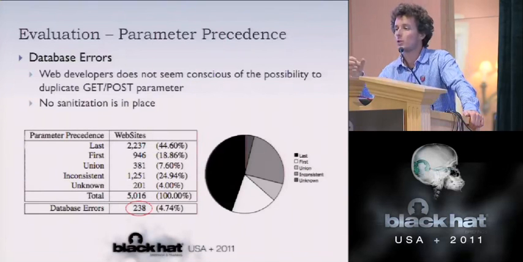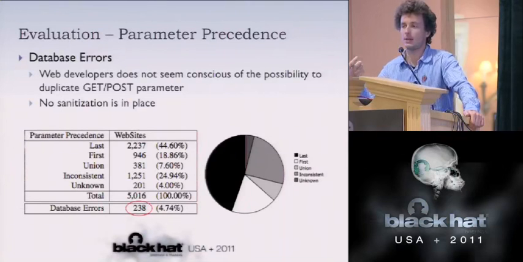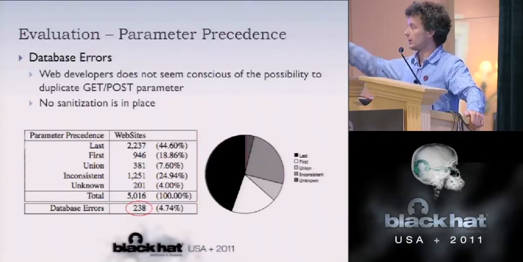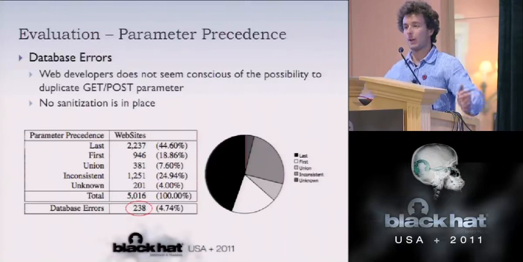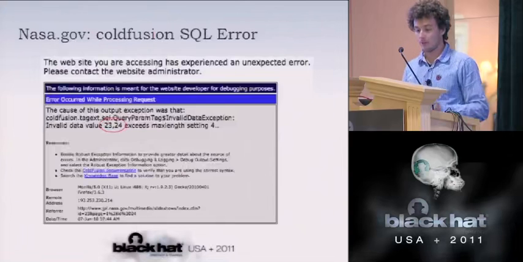Suppose you have an application, for example in Python, where if a parameter is duplicated, you end up with a list. If this parameter is used to make a query to the database, and you have a list, you have an error. So you end up with something like this.